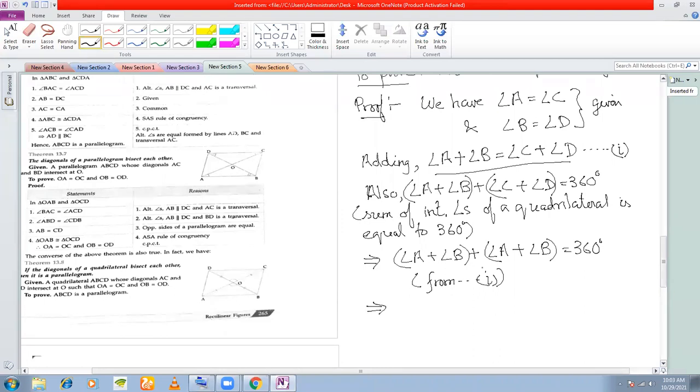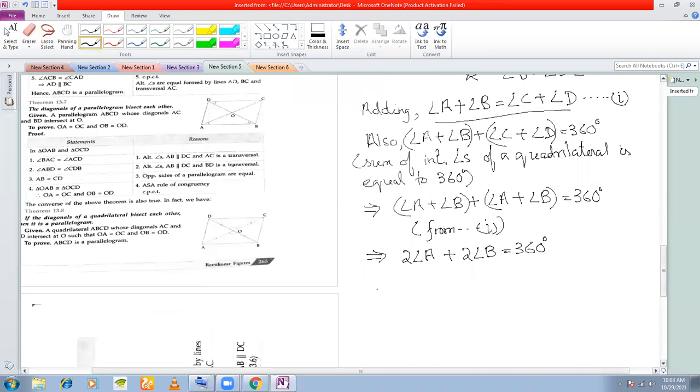So now angle A plus angle A will give you twice angle A. And angle B plus angle B is equal to twice angle B. So now you can take 2 common, equal to 360 degrees.